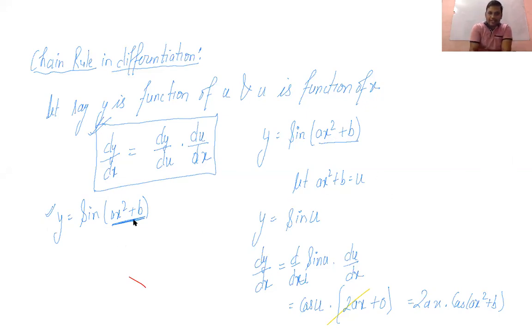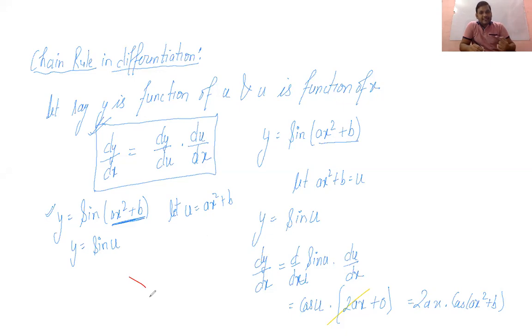So let u is equal to ax square plus b. Now it becomes y is equal to sine u. The concern was that we are willing to find out dy by dx.